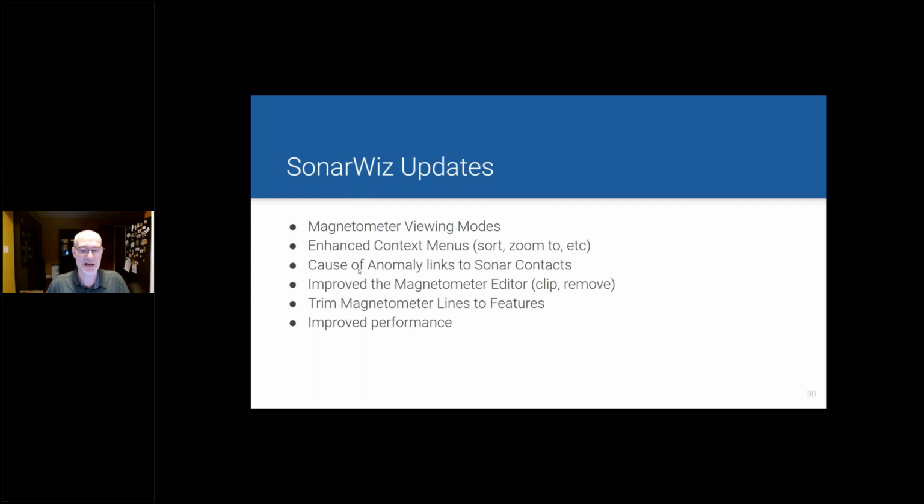We've also strengthened the links between anomalies and sonar contacts, and I'll show you that in a second. We've improved the magnetometer editor, so it's easier to clip and remove spike data. It's much more efficient, and when you're filtering data inside the editor, it's almost instantaneous now. It's much faster performance.